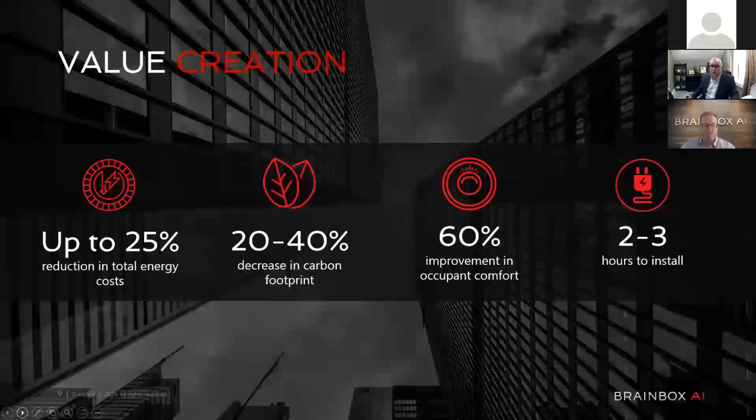But also you're going to significantly improve the comfort. Very important in universities, K-12 schools, or any building environment, you don't want to be hot one minute and 20 minutes later be cold. And that leads to a lot of service calls to the facilities team, hot and cold complaints. So those are the reasons, and that's the value creation that we'll be talking about today.